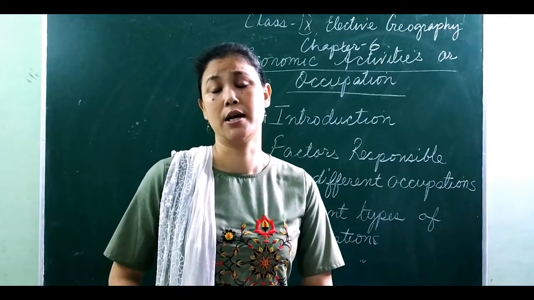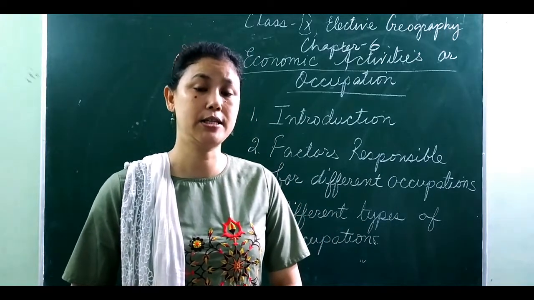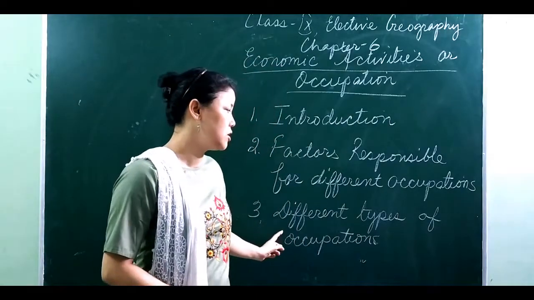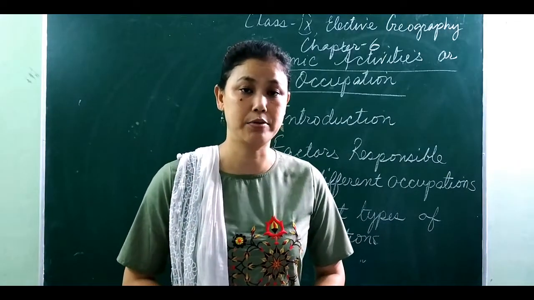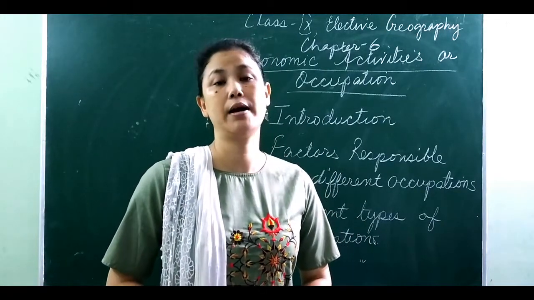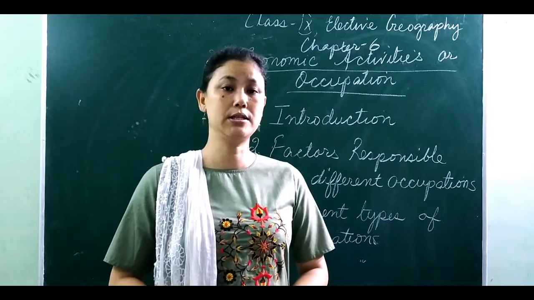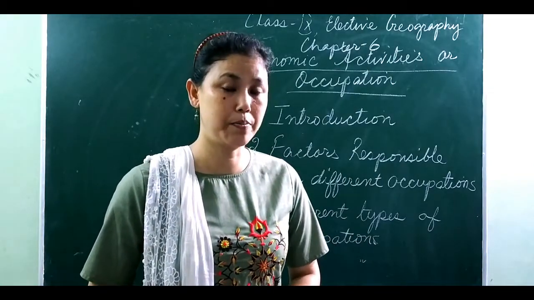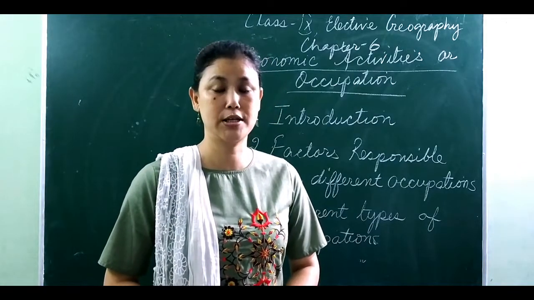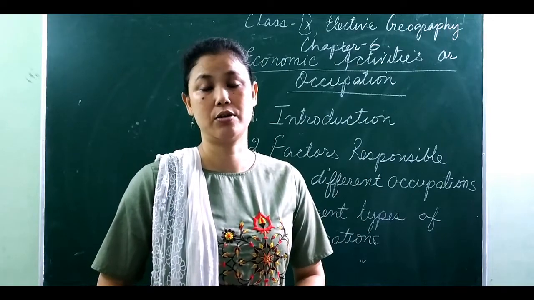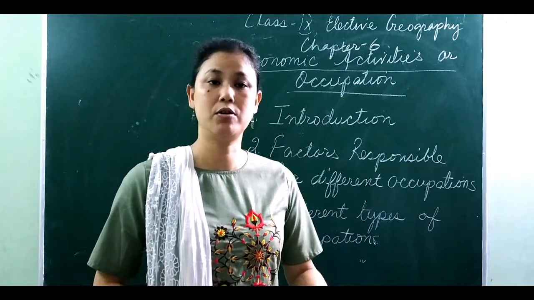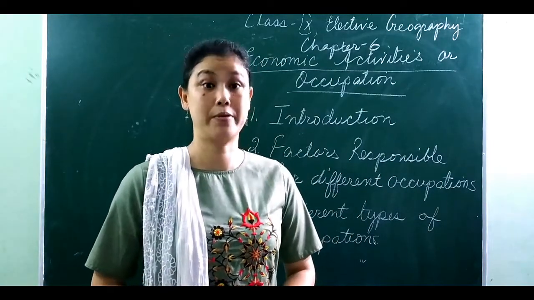And depending on this variation of the economic activities, there is variation in the types of occupations, which brings us to the third point, the different types of occupations. There are 4 types of occupations. The first is called primary occupation, the second one is secondary occupation, number 3, tertiary occupation, and number 4, quaternary occupation. They all have their own characteristics, but they are not separated from each other.